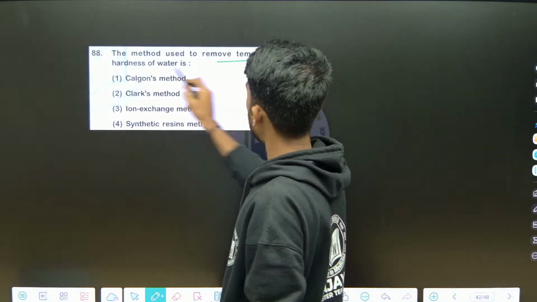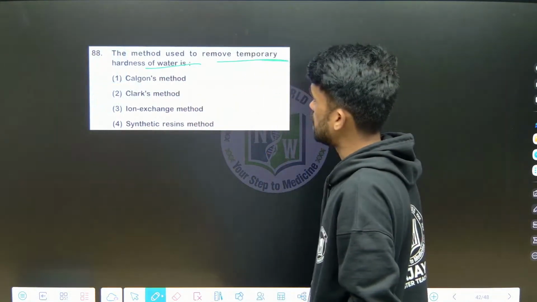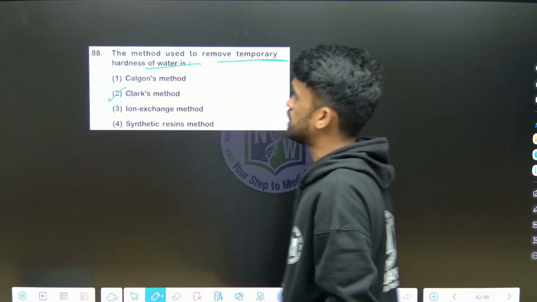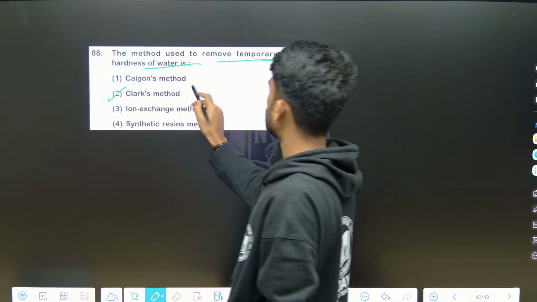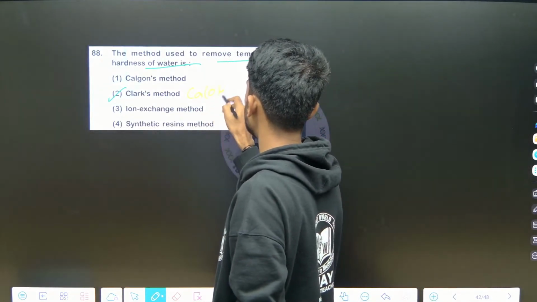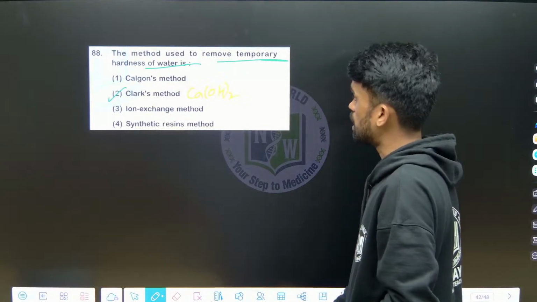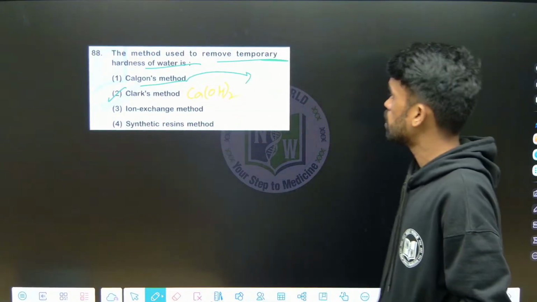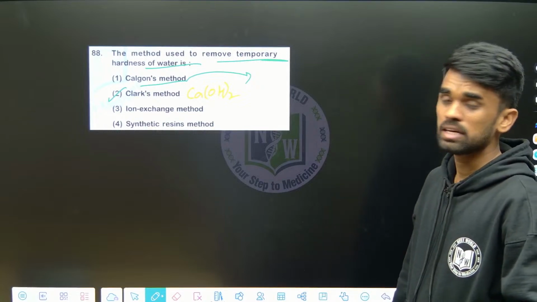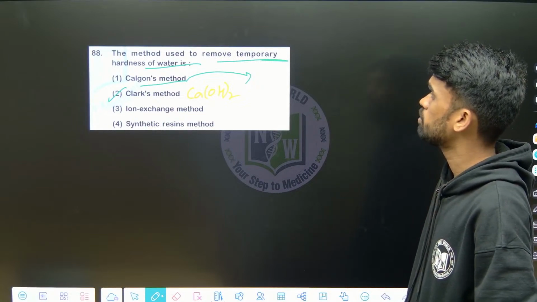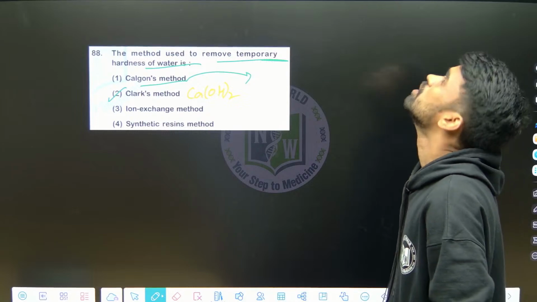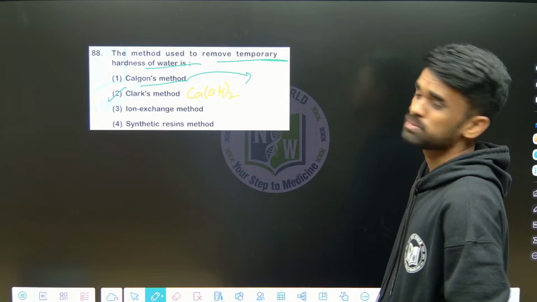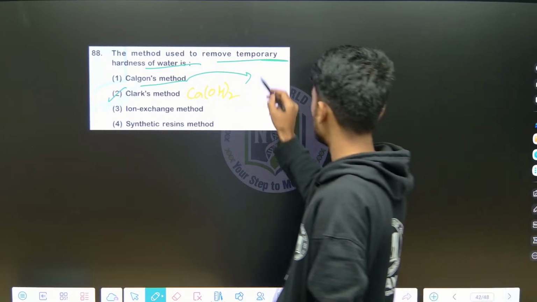Temporary hardness of water is removed by which method? That will be removed by Clark's method, where we will be using calcium hydroxide, lime. In Calgon's method, we will be using sodium hexametaphosphate.